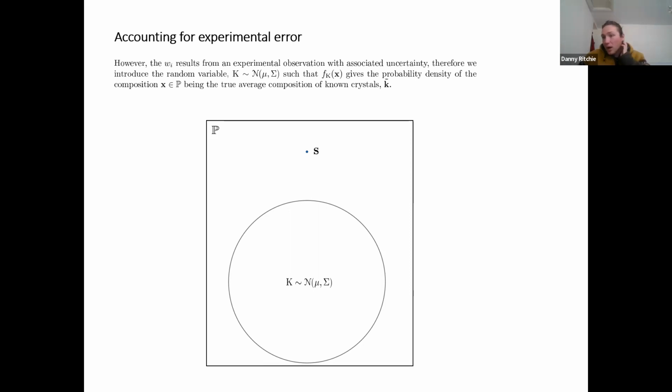I'm not quite sure what you mean by that question, I'm afraid. The experimental error is associated with the estimated relative weight fractions, W_i.